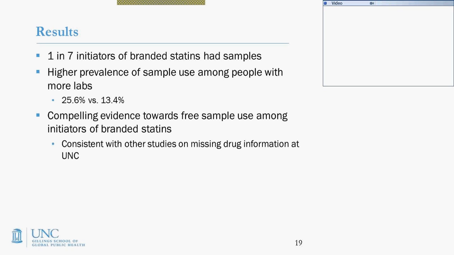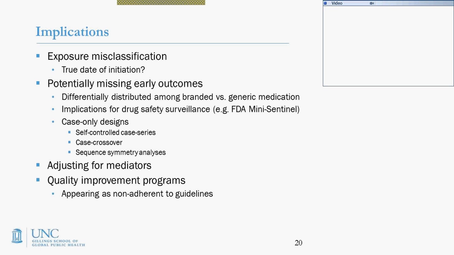So this contributes compelling evidence towards free sample use among those initiating branded statins, and the results have been shown to be consistent with other studies on drug information at UNC. These findings have great implications for pharmacoepidemiology studies using these claims databases.